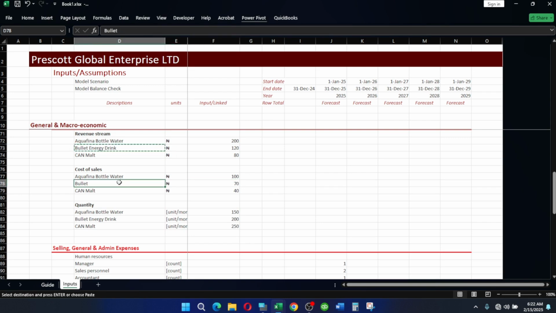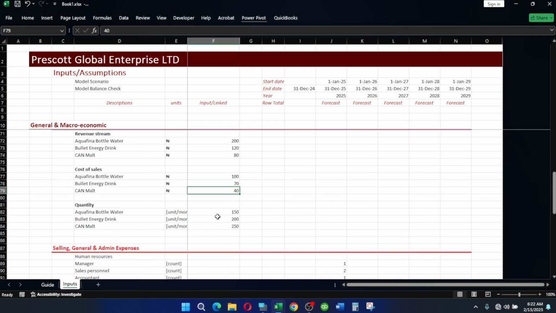So the cost for this Aquafina bottled water is 100 naira, and it costs us 70 naira to get the bullet energy drink, and it costs us 40 naira to get this, right?